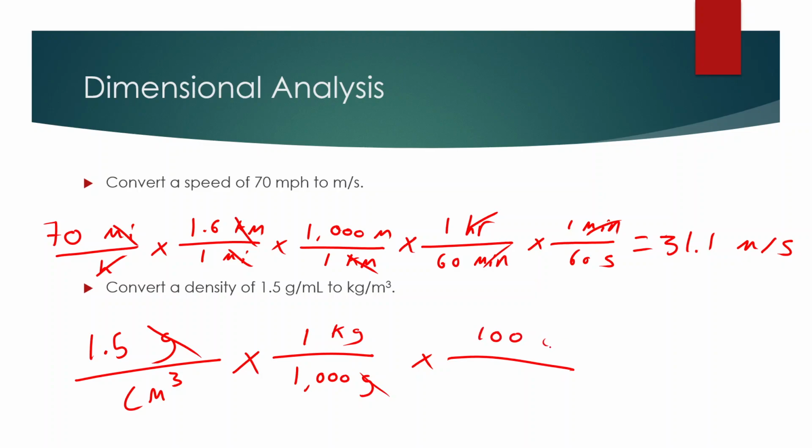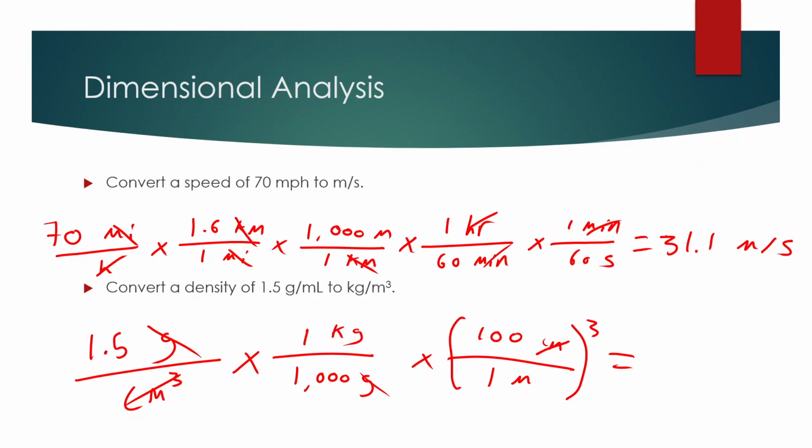100 centimeters is equivalent to 1 meter. However, we're not converting between centimeters and meters. We are converting between cubic centimeters and cubic meters, so we have to take our conversion factor here and cube it, right? And so now we've canceled out our cubic centimeters and we're left in kilograms per cubic meter.